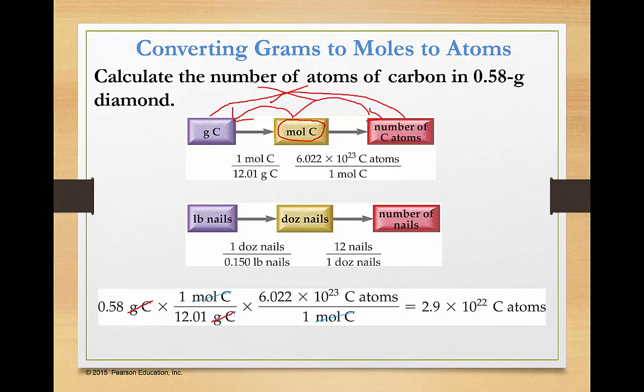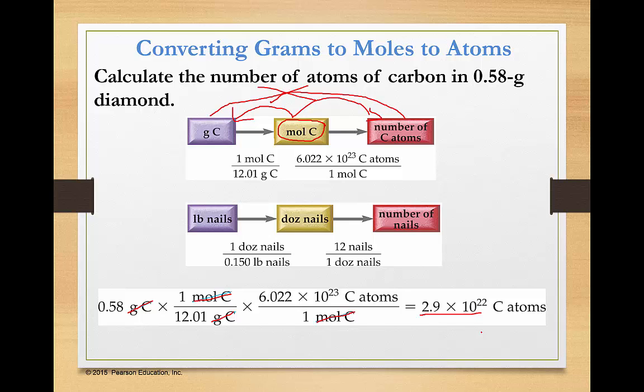Now we take that number of moles of carbon and multiply it by Avogadro's number of atoms per 1 mole. Now the moles cancel out, and I have a setup to determine the number of atoms. So 0.58 times Avogadro's number divided by 12.01 tells me that I have 2.9 times 10 to the 22nd carbon atoms in that diamond.